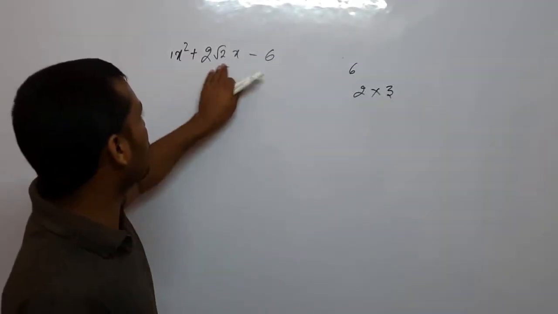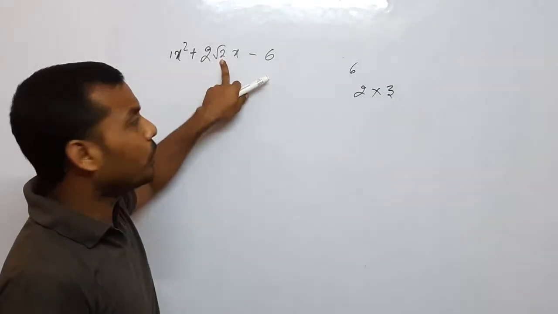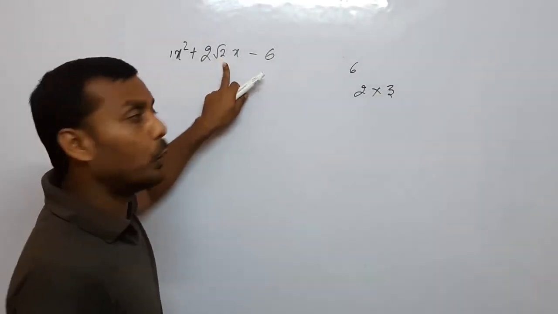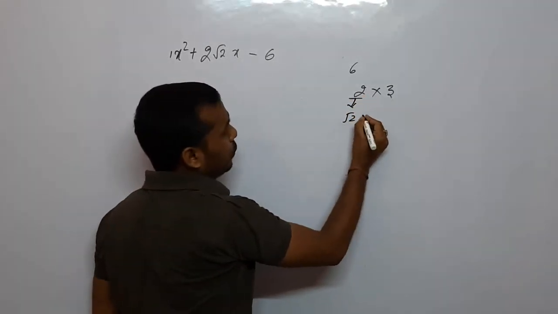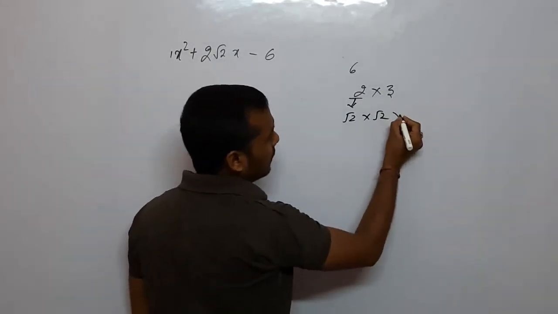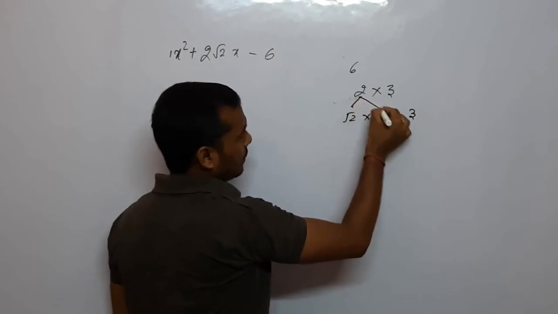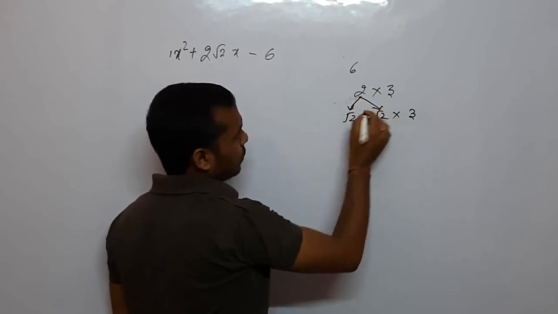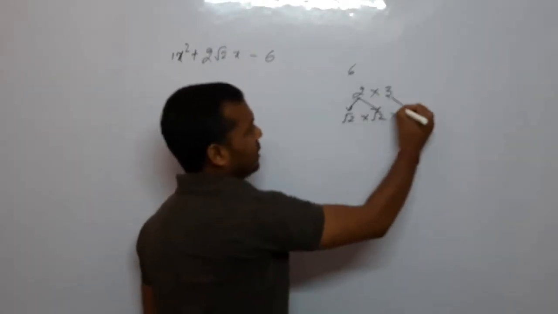And here you have to just see 1 root 2 is also here, student. So what can be done for the root 2? This 2 can be further split as root 2 into root 2. Like this, this 2 can be written as the product of root 2 into root 2, and this 3 is as it is over here.